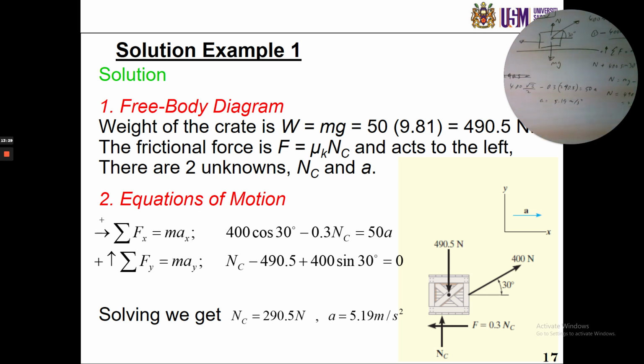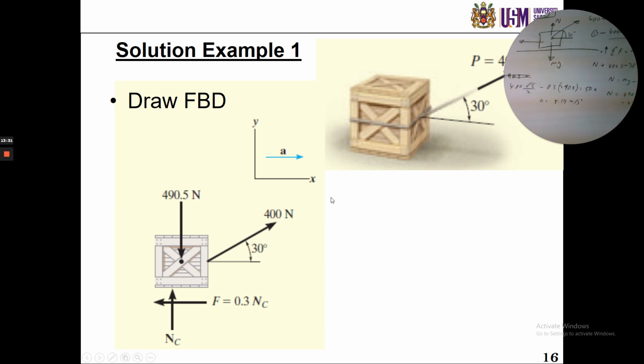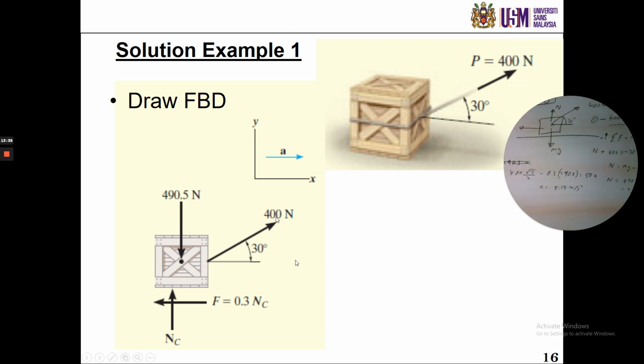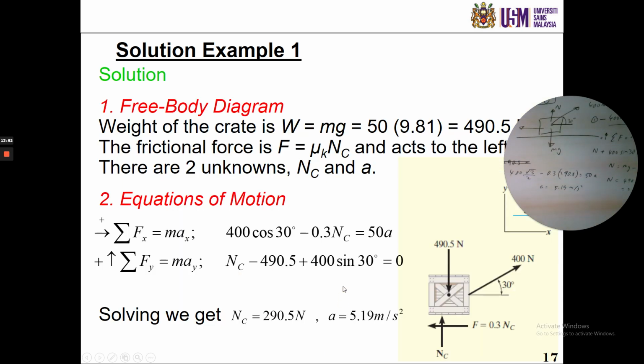All right, let's take a look at the solution. Firstly, what we have to do is the free body diagram. Here is the free body diagram, where there is 490.5 Newtons pointing downward, the normal force by the floor pointing upward, and then 400 Newtons at 30 degrees to the right.